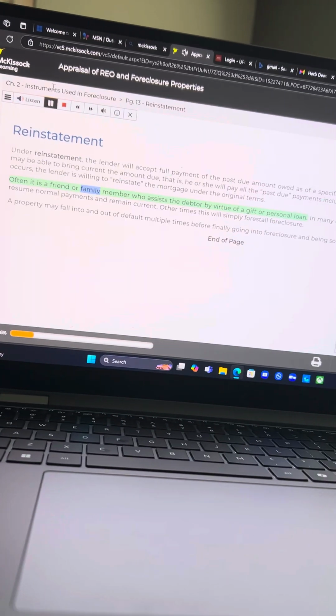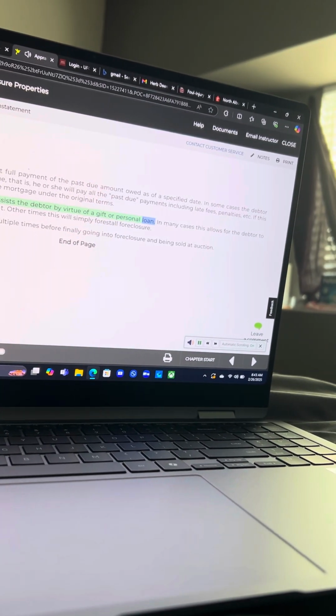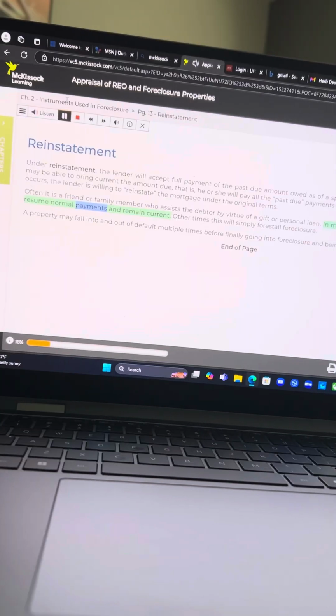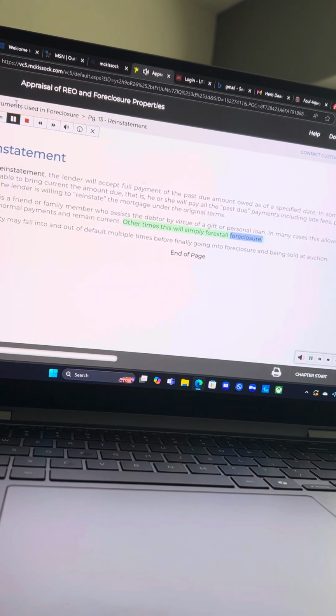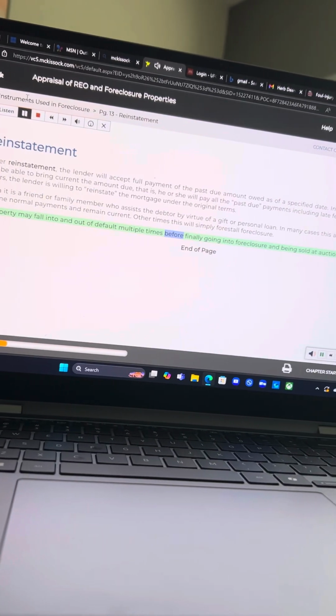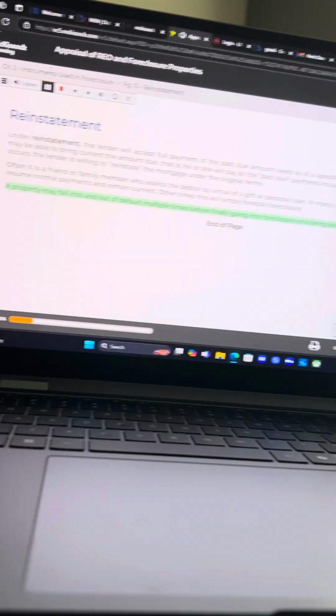Often it is a friend or family member who assists the debtor by virtue of a gift or personal loan. In many cases, this allows the debtor to resume normal payments and remain current. Other times, this will simply forestall foreclosure. A property may fall into and out of default multiple times before finally going into foreclosure and being sold at auction. End of page.